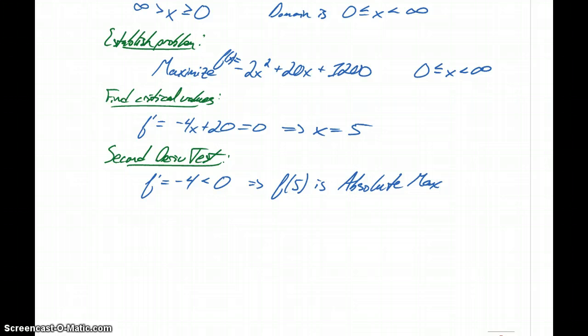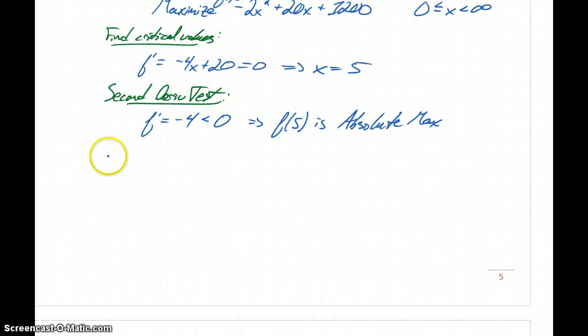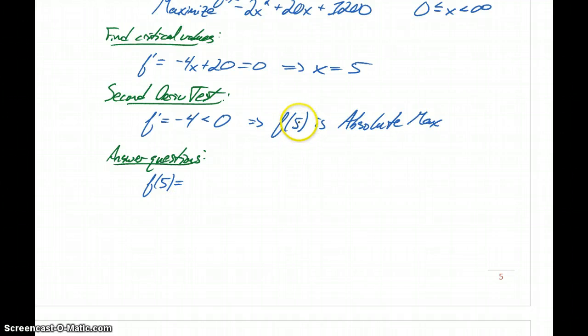So now we can use that information to answer the questions that are being posed. So our original function evaluated at 5. If we're planting x equals 5 additional trees, plugging that back into our original function is going to give us 1,250.